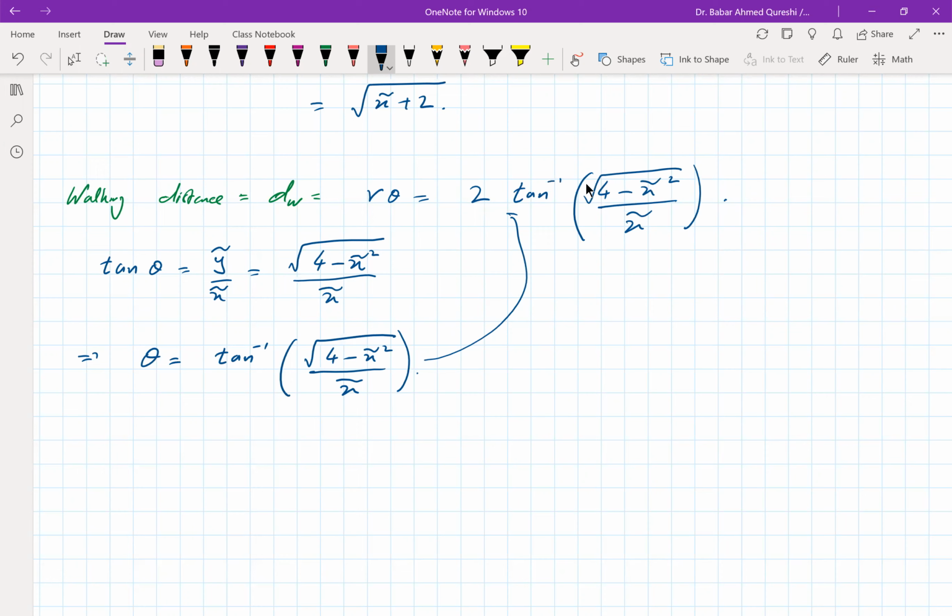Now, why don't you compute it? Well, don't compute it for now. So that's the walking distance, and the walking time is simply dw over the walking speed, so it's 2 over 4 times that.